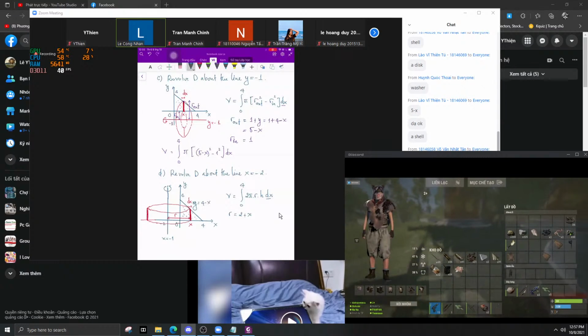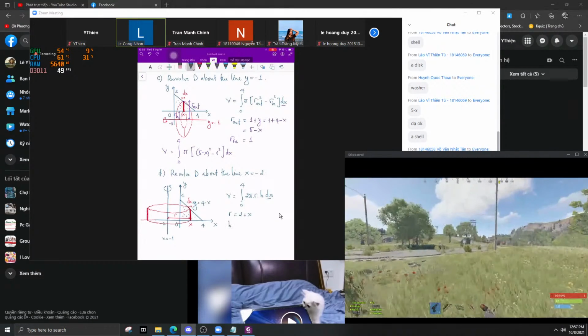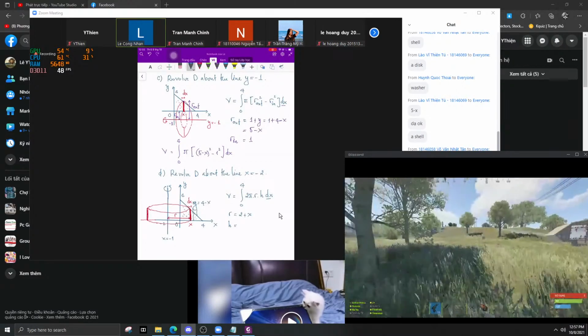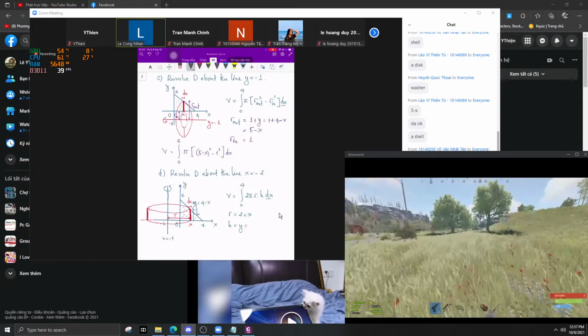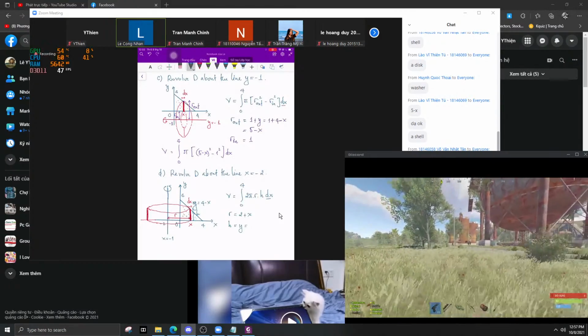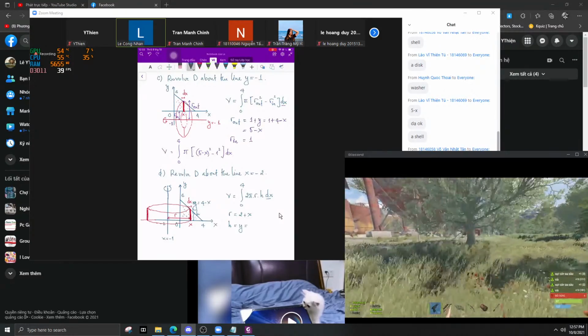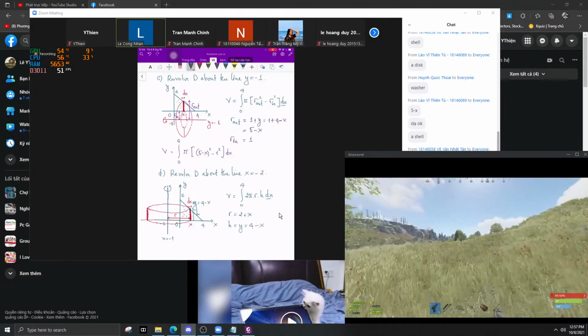And what about the height of the shell? The height of the shell is the vertical distance, so we have y, but the variable of integration is x, so we need to represent y in terms of x. Because this point lies on the line y equals 4 minus x, the height is 4 minus x.